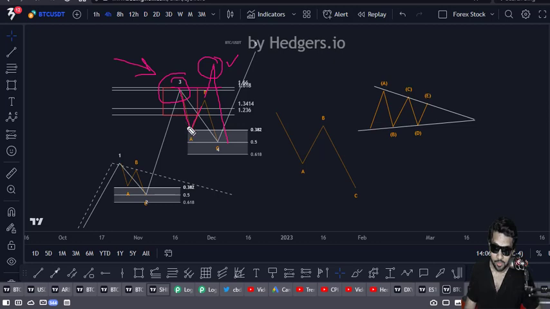Okay, the confirmation for how you're going to know that this could be the ABC expanded flat: the expanded flat goes to the A point 236.